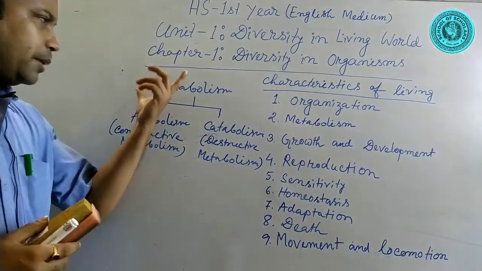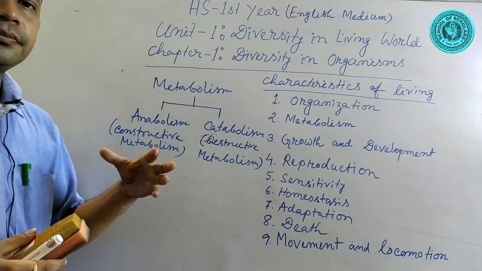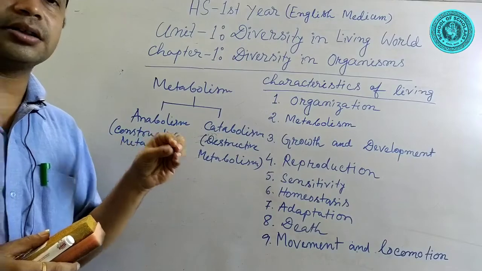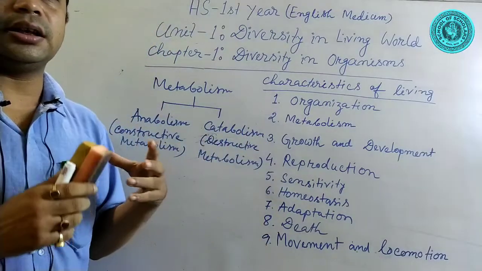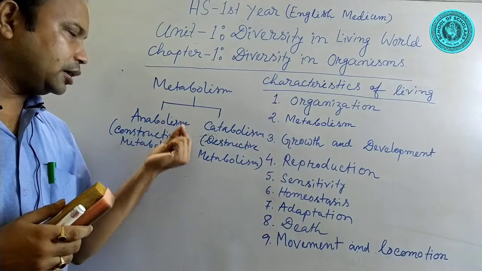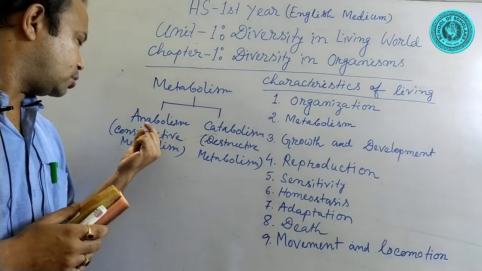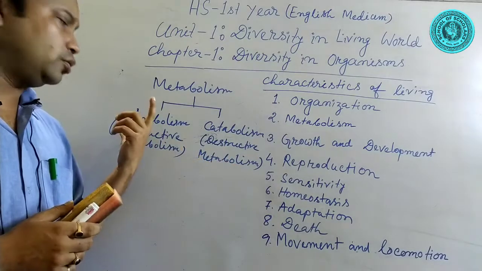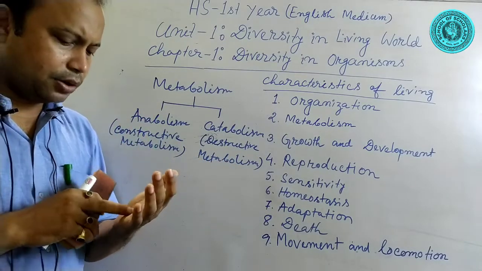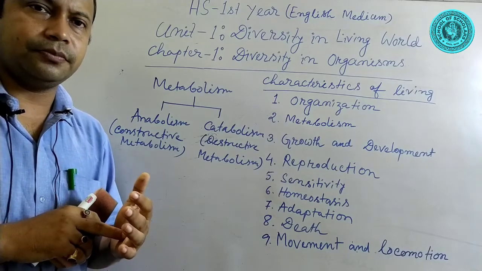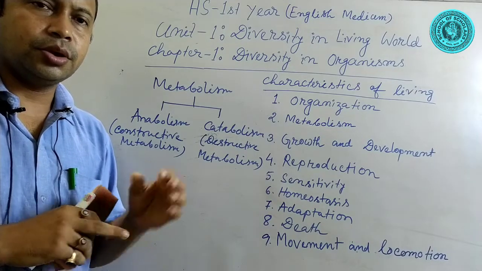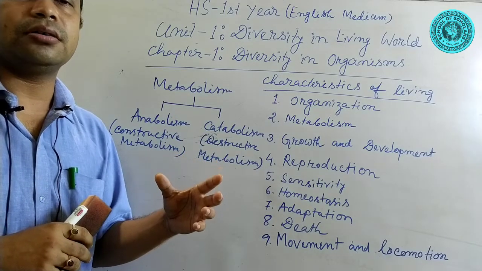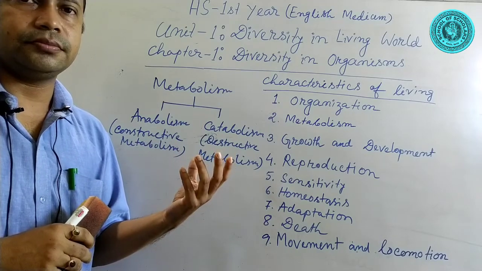There are two aspects of metabolism. Metabolism means the sum total of physicochemical activities that occur inside the cell or inside the body of an organism, and there are two aspects: anabolism or constructive metabolism and catabolism or destructive metabolism. What do you mean by anabolism? Anabolism is a kind of metabolism in which small molecules are aggregated to form large molecules or macromolecules.